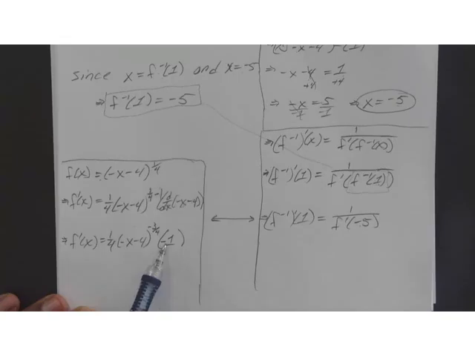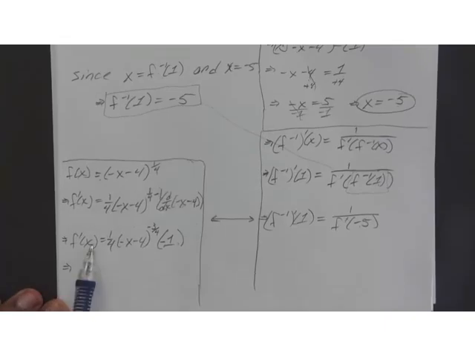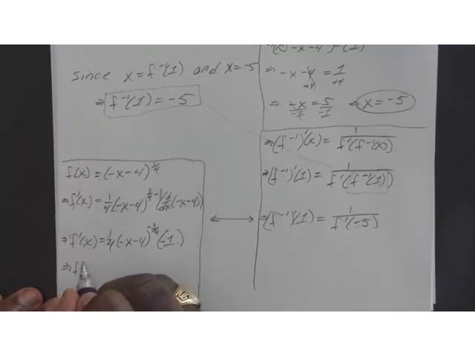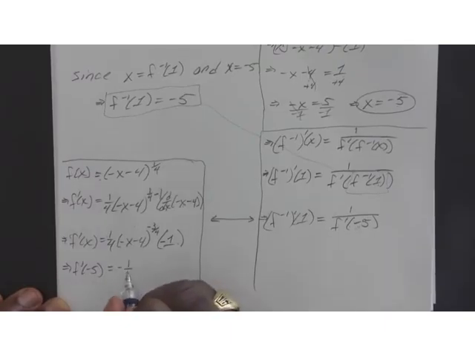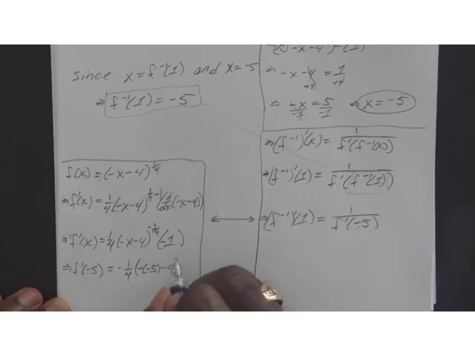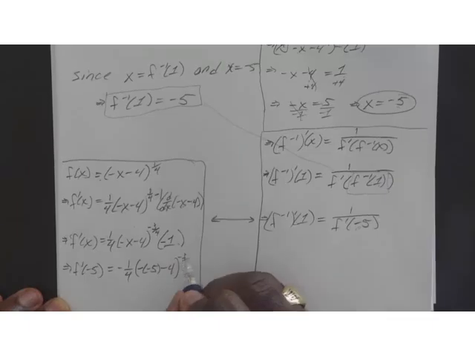Okay, so that negative 1, we can go ahead and multiply negative 1 times 1/4. But we're looking for f prime of negative 5. So if we have f prime of negative 5, that's just negative 1/4 times negative 5 minus 4, so negative 5 minus 4 to the negative 3/4 power.